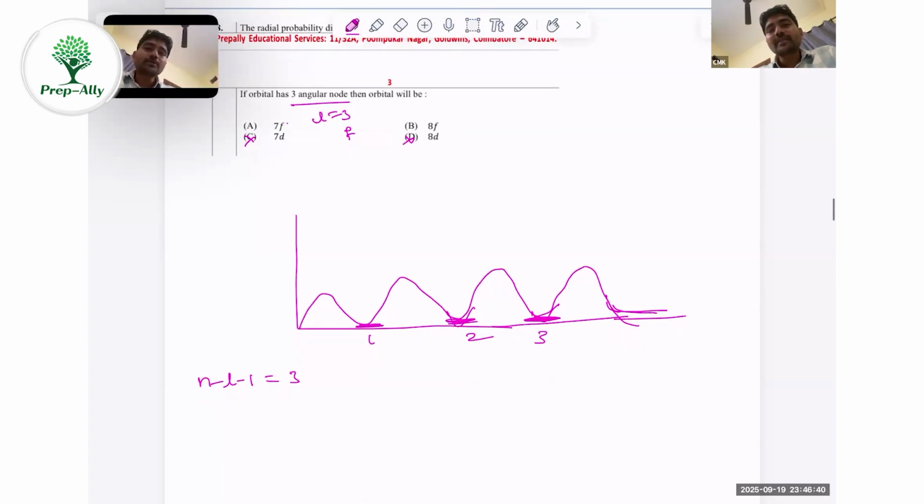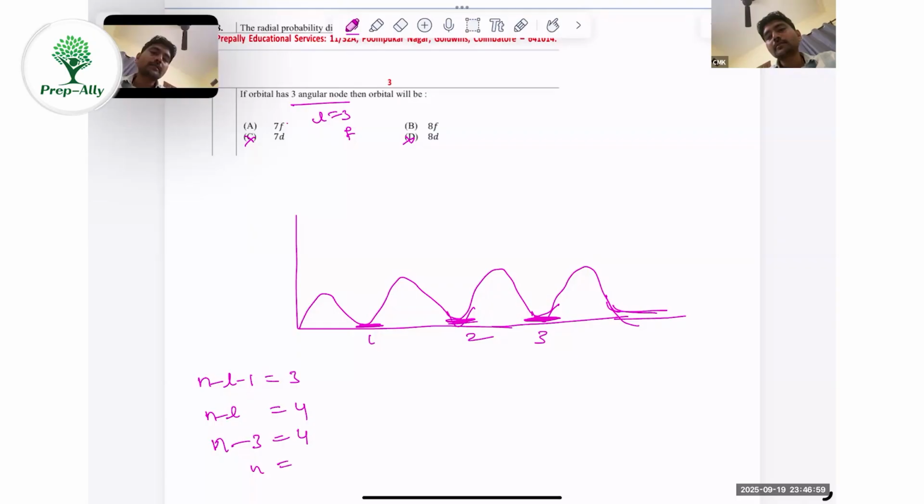So n minus l is equal to 4, and with L equal to 3, n minus 3 is equal to 4, so n is equal to 7. So n value is 7 and l value is 3, meaning F. So your orbital should be 7F. Answer is option A.